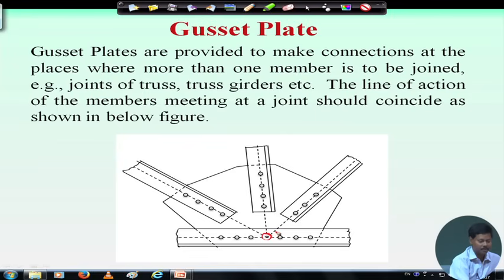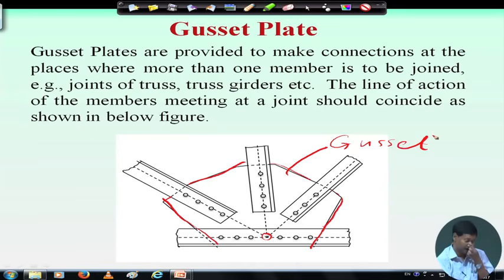We have to keep that in mind. This is the gusset plate we use to join the different number of members. Now, what should be the size of this gusset plate? That depends on the number of bolts used, or the length of weld used to join the section.